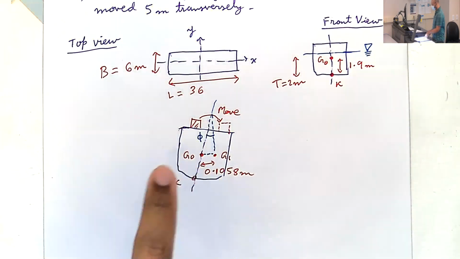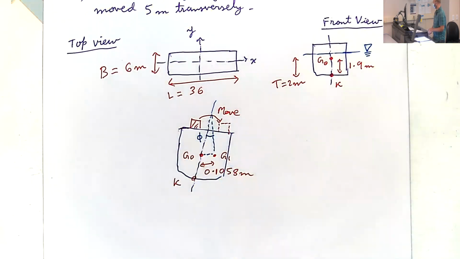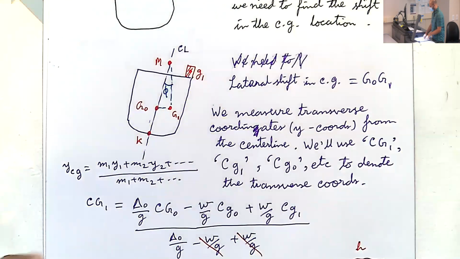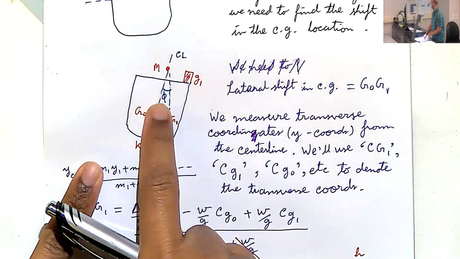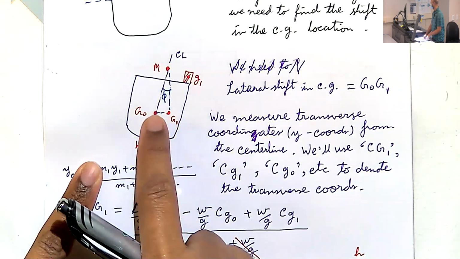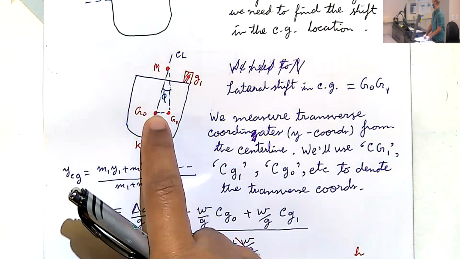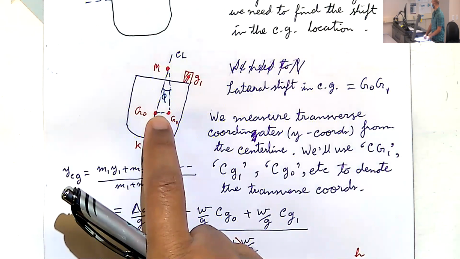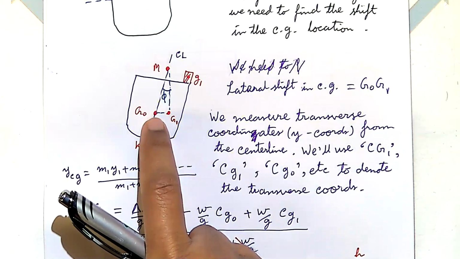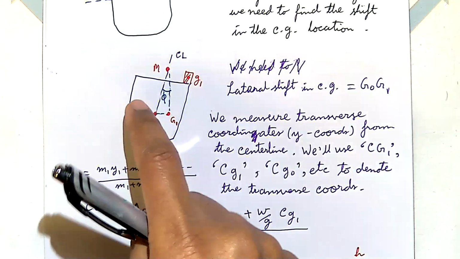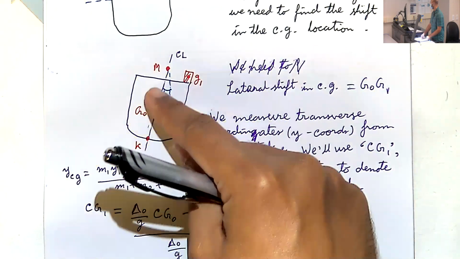How would you find this unknown angle phi? We know this dimension. We need just one more thing. What do we need? The height of the metacenter? Yes, we need the metacentric height, G0M.